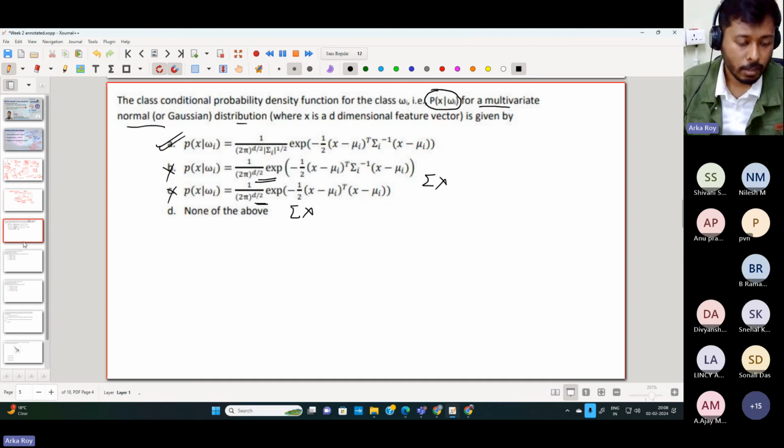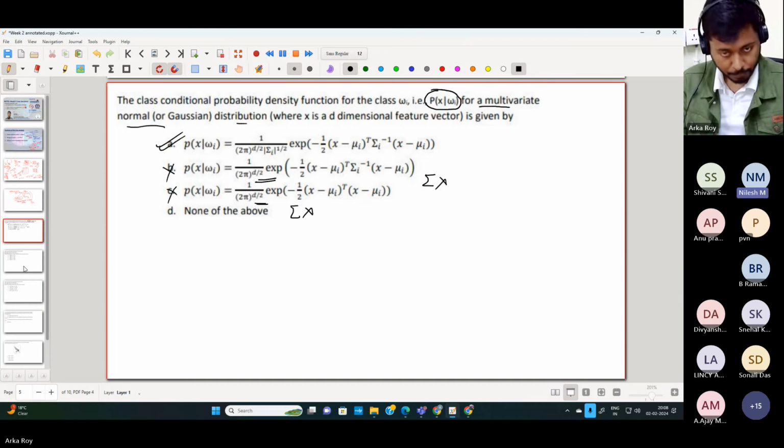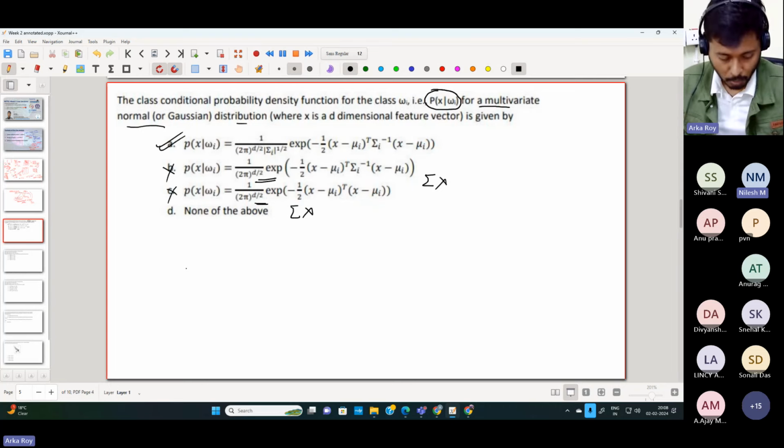Sir, I actually had a question on this. For the univariate case, we have square root of 2 pi sigma square.